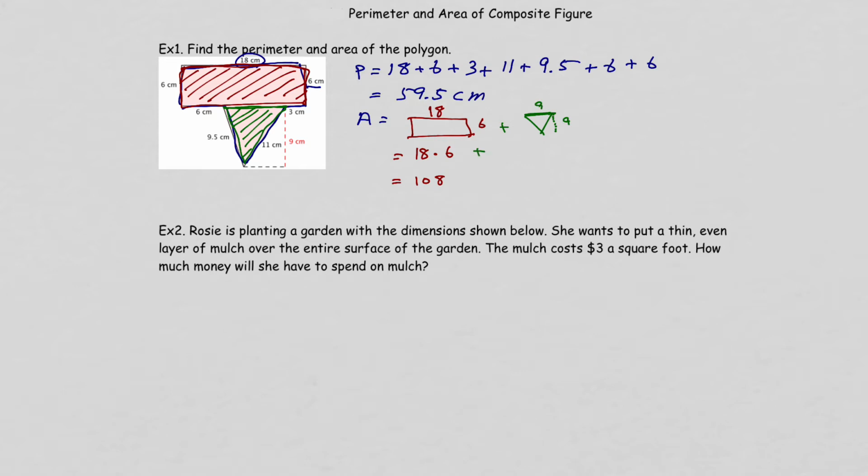So you're going to multiply 1/2 times 9 times 9. That's going to be about 40.5. So when you're adding them up, you're going to end up getting 148.5 square centimeters for the area. And perimeter was 59.5 centimeters.